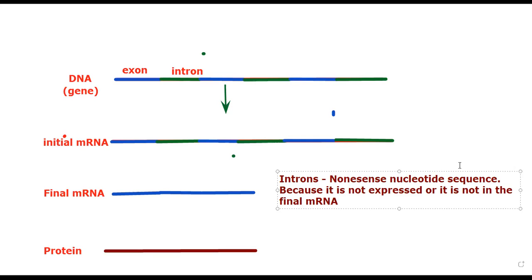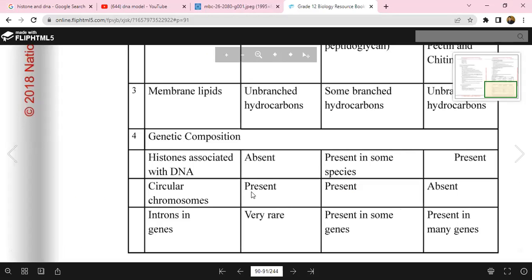Done, sir? Have everyone completed it? Yes, sir. So, if you have understood what is intron, now understanding this is easy. Are there introns in the genes? In the domain bacteria, they say having introns is very rare, but they don't say absent, correct?